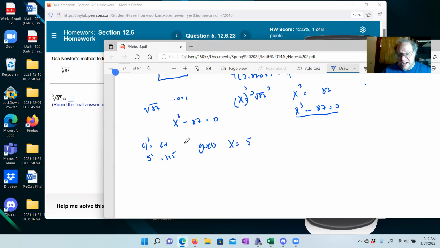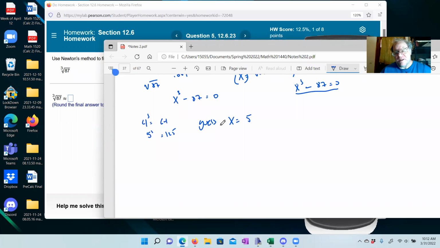It's a horrible guess, but it's better than 10, right? It's better than 1. We want to get somewhere close. Generally, you want to say the cube of 4, the cube of 5, 87 is somewhere between there. So our guess is going to be 5.